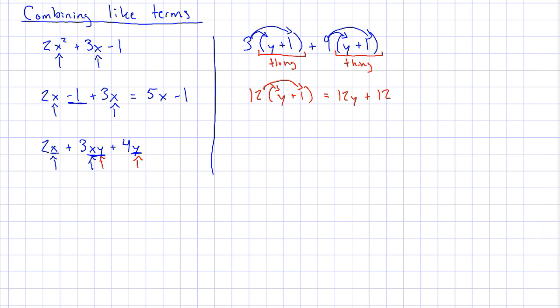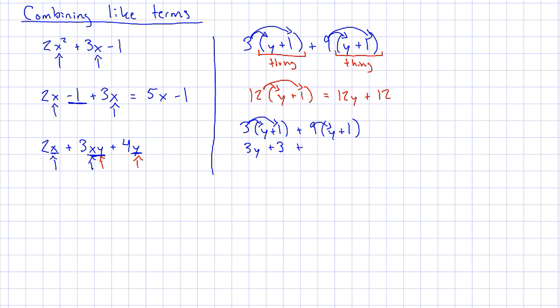I'm going to show this exact same problem, and instead of adding them together first, I'll distribute. So this exact same thing, 3 times y plus 1 plus 9 times y plus 1, and we're going to distribute before we add them. So 3 times y gives me 3y, 3 times 1 gives me 3.